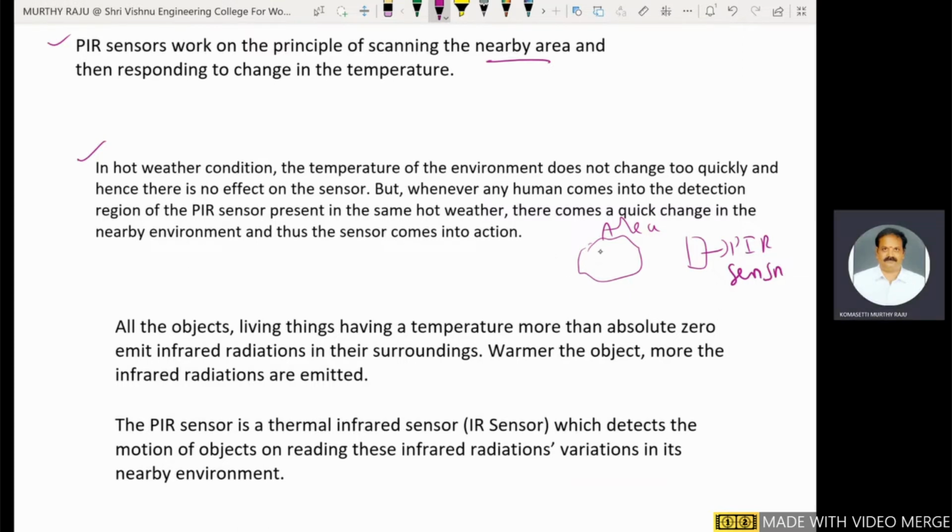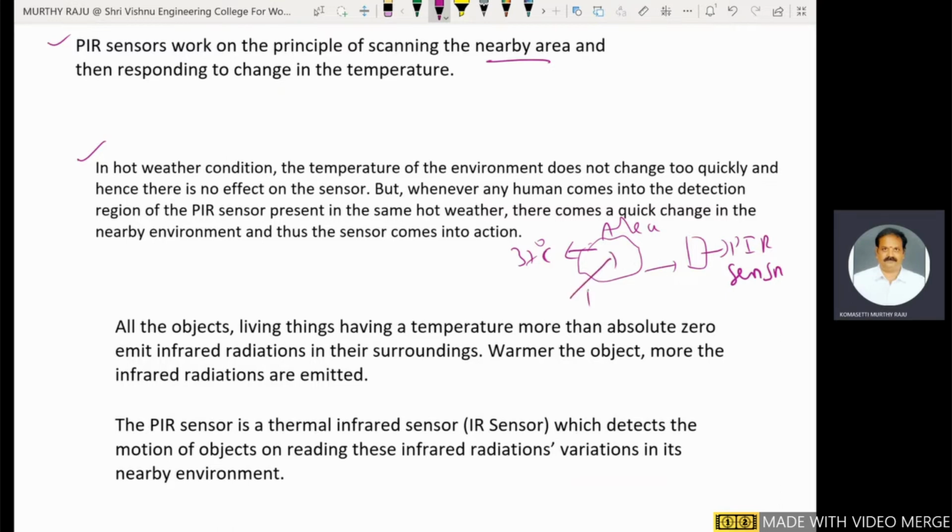Whenever the temperature of that area is 37 degrees centigrade, it does not change too quickly, so there is no effect on the sensor, and the sensor cannot recognize any changes.